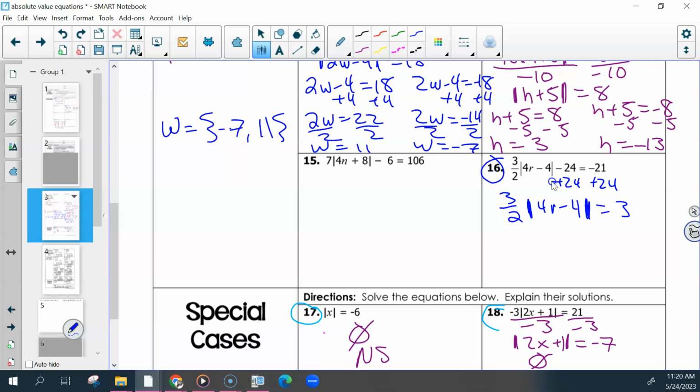So it was a negative, then it changed to a positive. To get rid of the 3 halves, flip it. Multiply both sides by 2/3. And then what would be left would be the absolute value of 4r minus 4 equals 2.